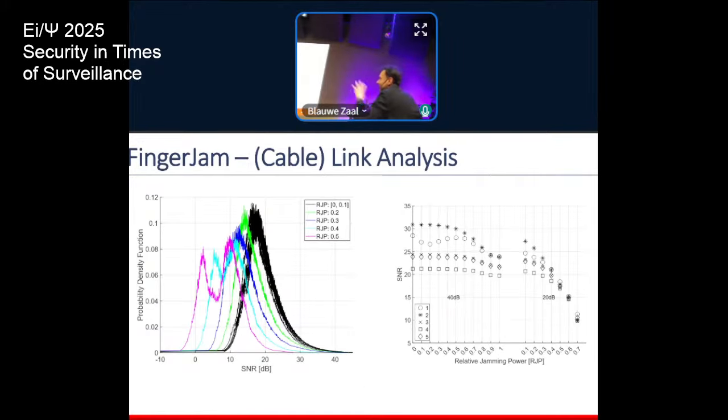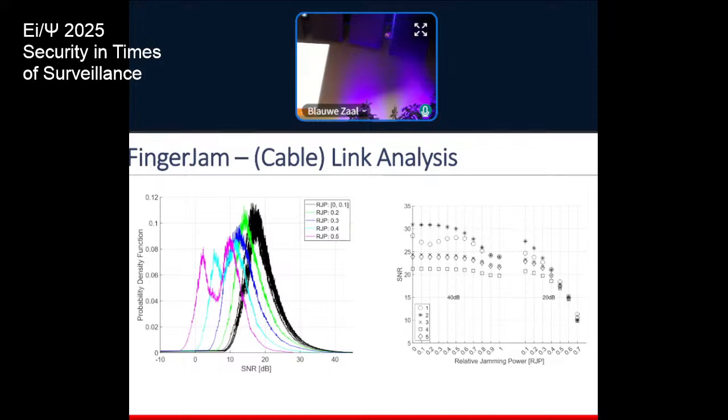First, we did an analysis of the impact of the jammer on the quality of the communication link, in particular by looking at the SNR. You see on the figure on the left that in general, as you would expect, by increasing the power of the jammer, the quality of the communication link between the transmitter and the receiver decreases.